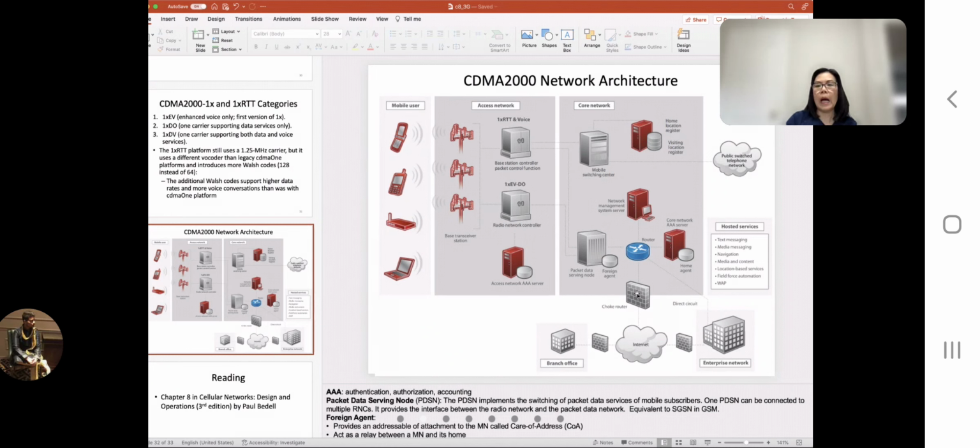And then we have the AAA server. AAA stands for authentication, authorization, and accounting. Basically, it serves the purpose of authentication and accounting, so it's equivalent to the authentication center in the GSM network.